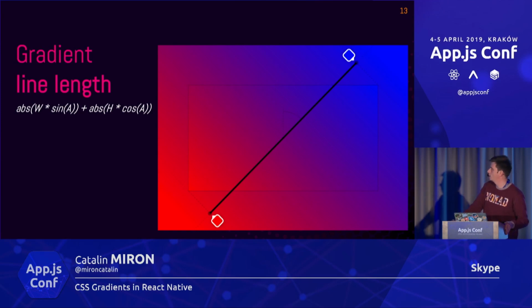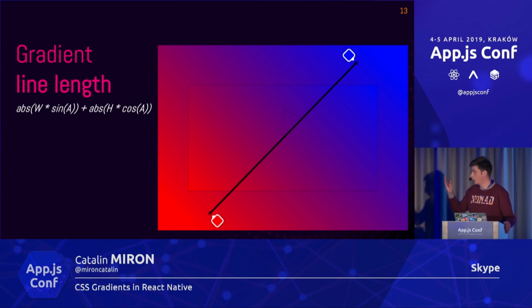You can calculate the gradient line length using that formula, where W is the width of the gradient box, H is the height of the gradient box, and A is the angle between the vertical line that passes through the center of the gradient box and the line itself.